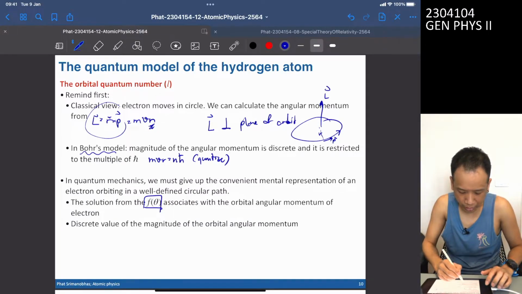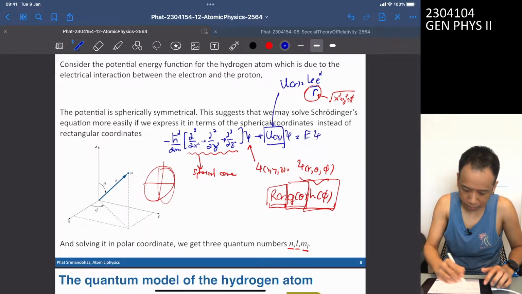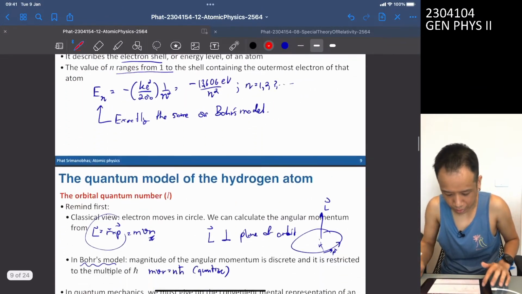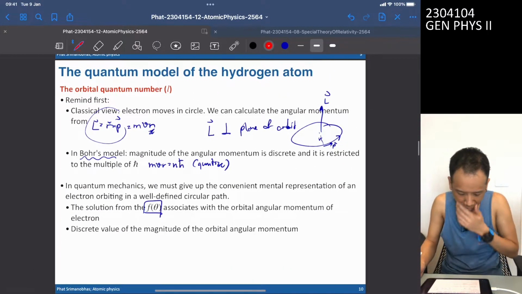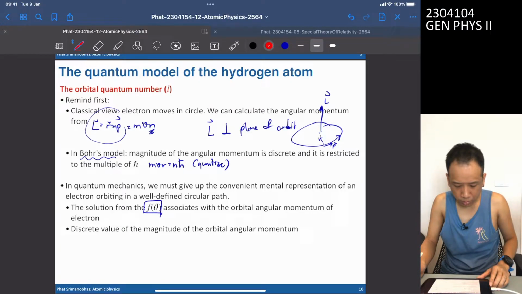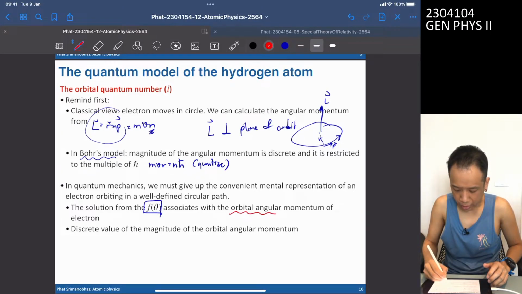I use f of theta, and to avoid confusion, this is f and this is g, but whatever, they're functions of theta. So we have the solution from this f of theta, and that's associated with the orbital angular momentum.